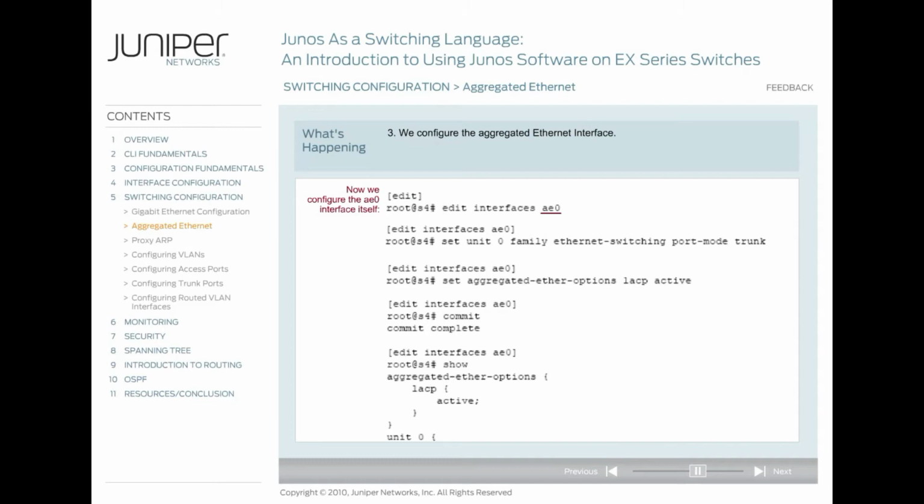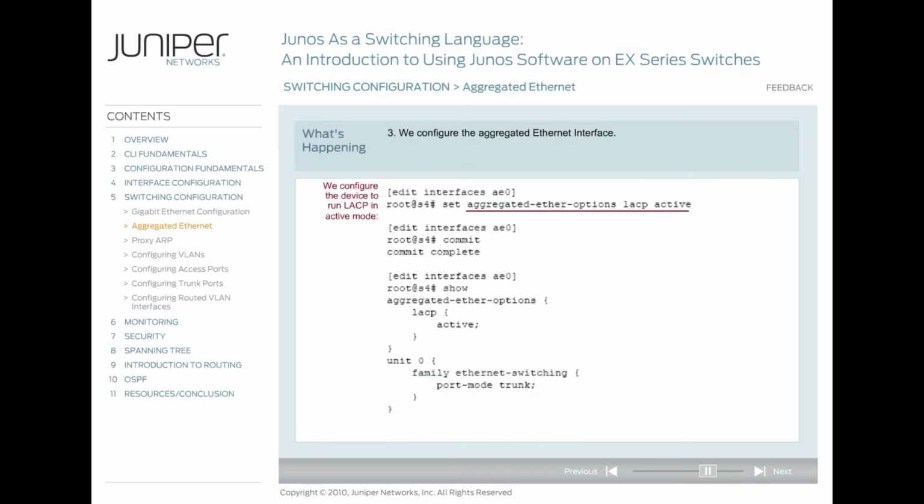You can configure most anything under this interface that you could under the constituent interfaces. Among other things, that means you can configure 802.1Q trunking. We'll set this up as a switch trunk port. Also, we'll configure the switch to run the Link Aggregation Control Protocol, or LACP, in active mode.